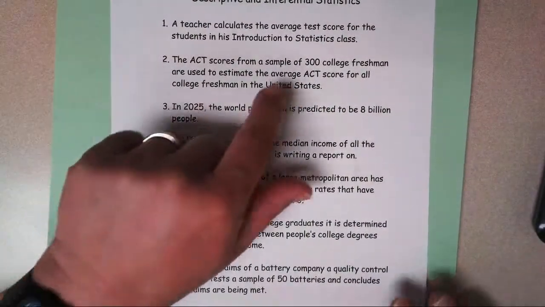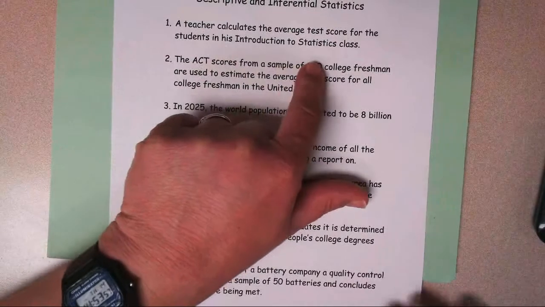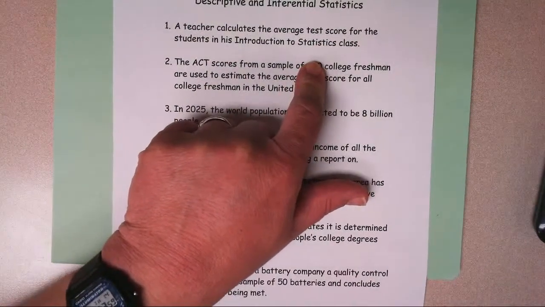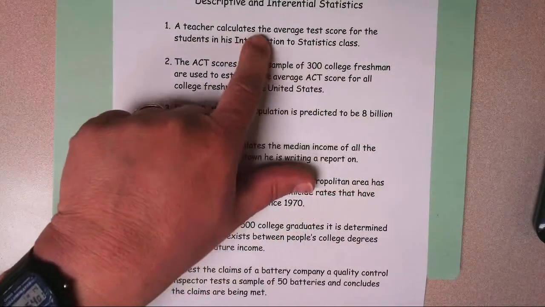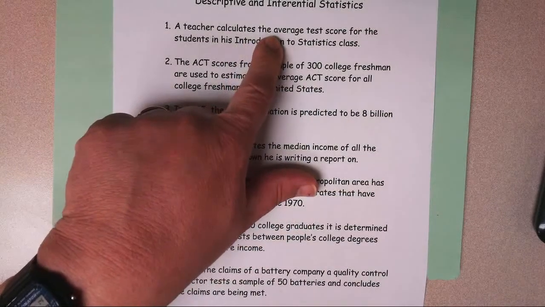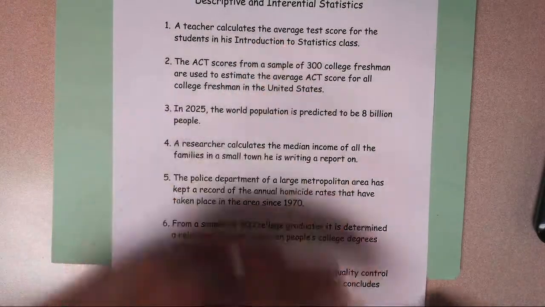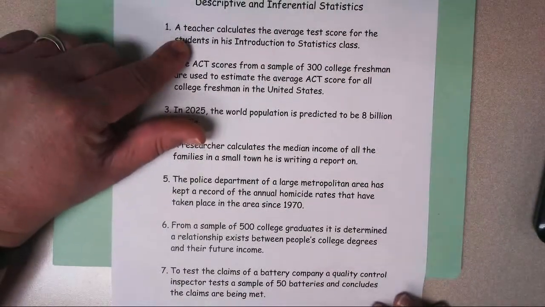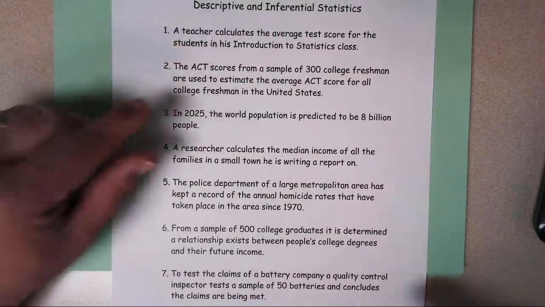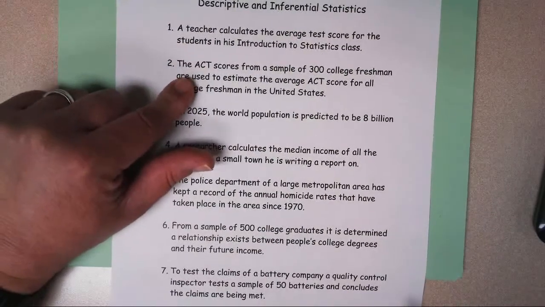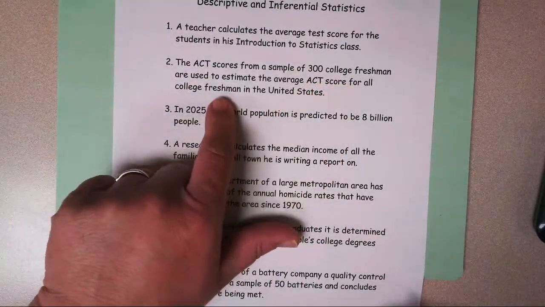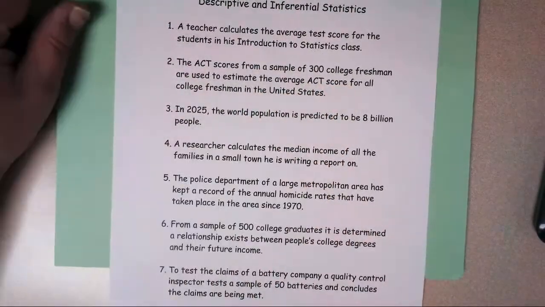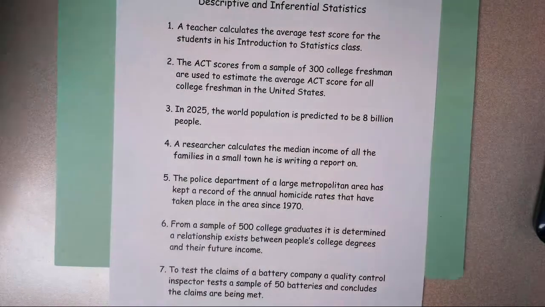A teacher calculates the average test score for the students in his Introduction to Statistics class. That would be descriptive. He's finding the mean, and you're using that to describe your data set. The second one: the ACT scores from a sample of 300 college freshmen are used to estimate the average ACT score for all college freshmen.